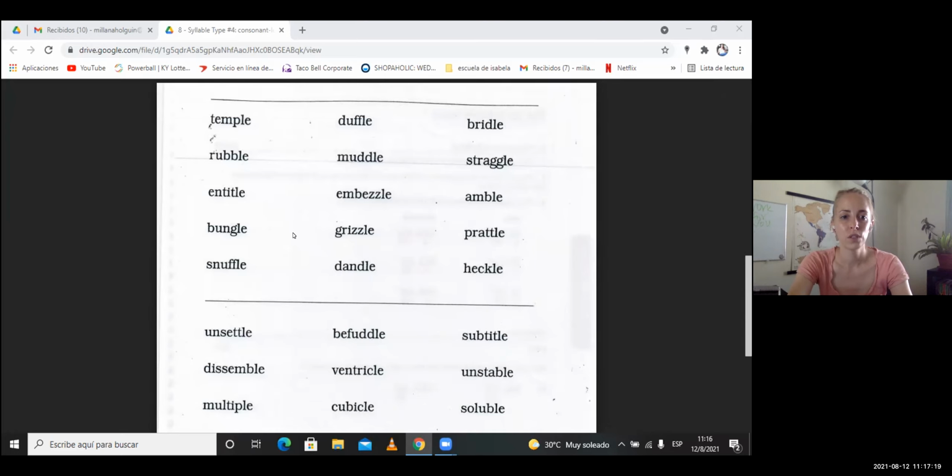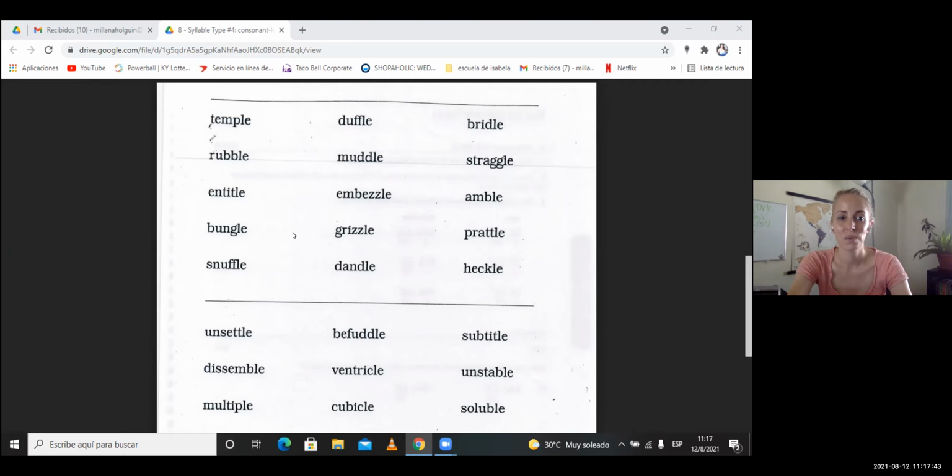In this first word, T-E-M-P-L-E, the ending is "pull." That first syllable, T-E-M, is our closed syllable, so we have the short E: temple.